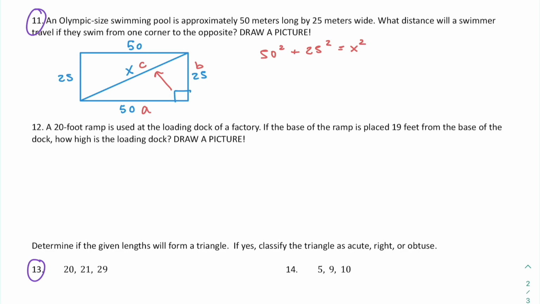Then we can simplify those with our calculator. So 2,500 plus 625 equals x squared. I can combine like terms. 3,125 equals x squared. And then to get x alone from x squared, we can square root both sides. So as a decimal, this is 55.9. And you do need a unit, it is meters.